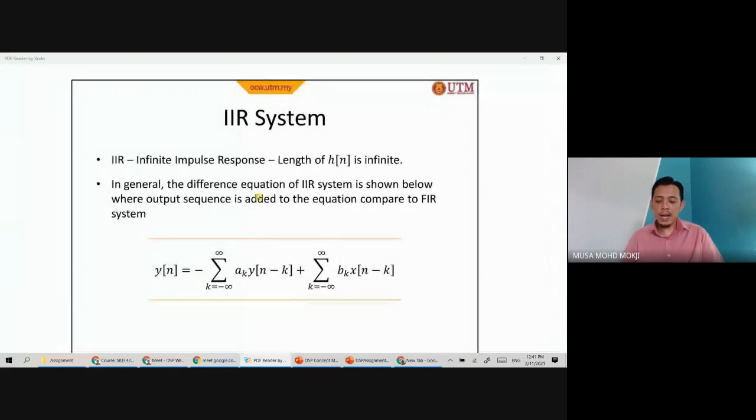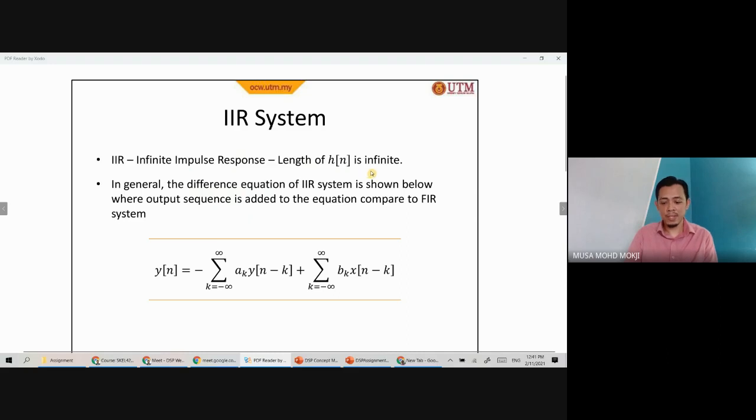Okay, for the IIR system, the infinite impulse response, what we have done, convolution, is for FIR. That's very specific. You can do convolution only if the system is FIR. We cannot do convolution for an IIR system because the length of h[n] is actually infinite.